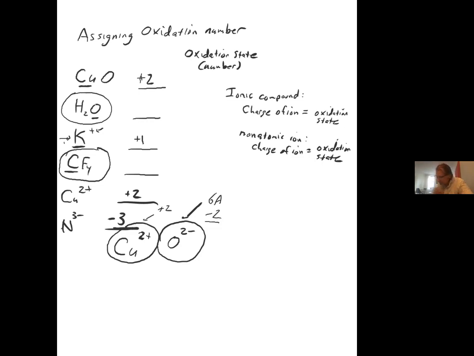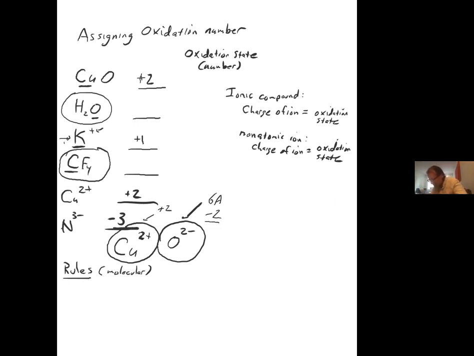Well, we have what we would call rules about oxidation numbers. And so here are our rules. And this is mainly for dealing with molecular substances. The way you deal with that is there's a hierarchy of the most important rule followed by the less important rule, less, less, less.